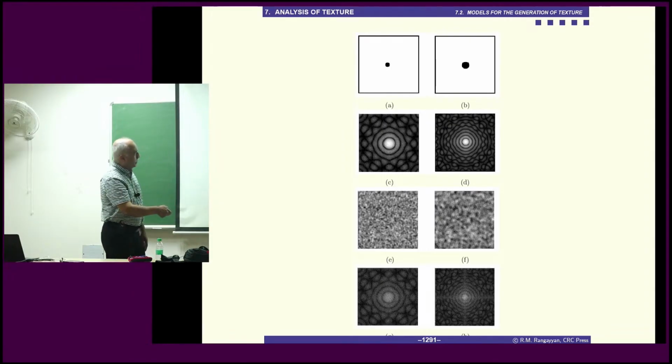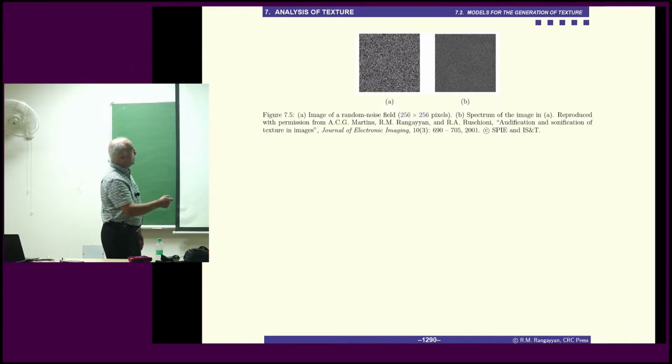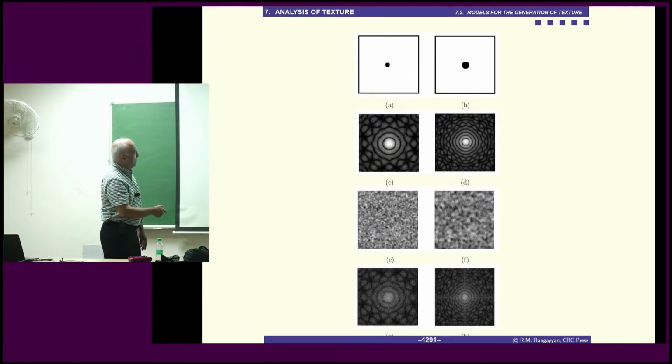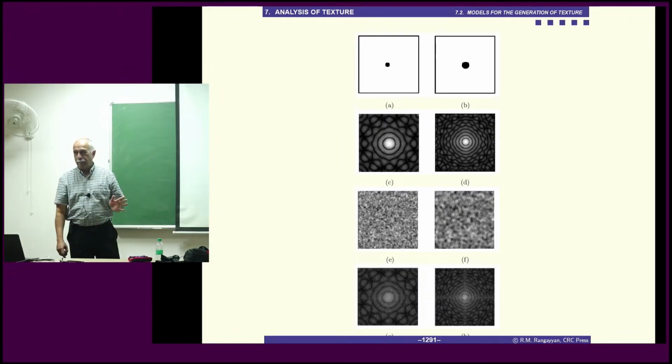And look at the spectrum of this. The spectra of these 2 images are the spectra of the spot multiplied by the spectrum of the noise, which is flat. It's essentially constant. So the spectra of the texture patterns are essentially the same as the spectra of the spot.